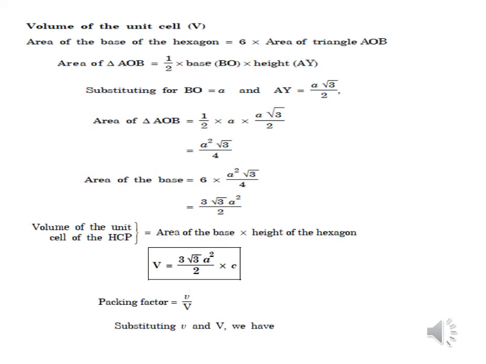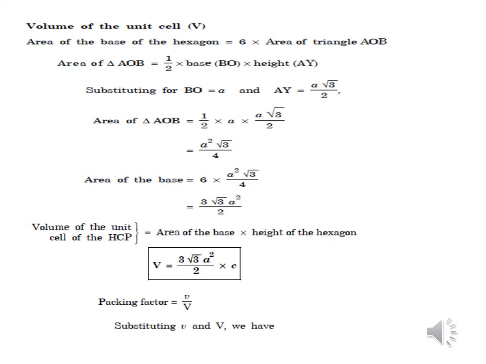Capital V equals area of the base into height of the hexagon. The area of the base of the hexagon is equal to 6 triangles, that is 6 into the area of one triangle AOB. The area of triangle AOB is half of BO into AY.